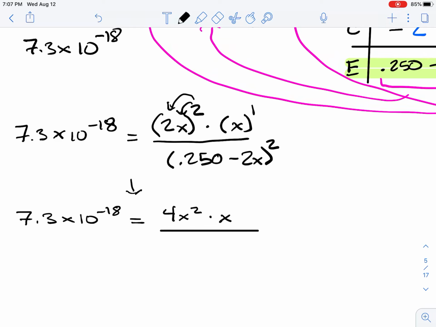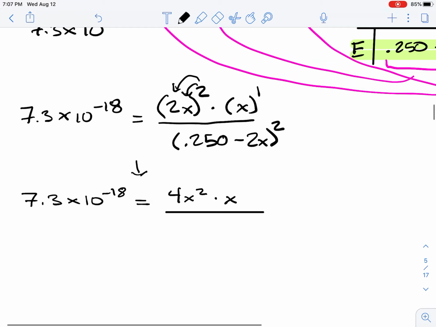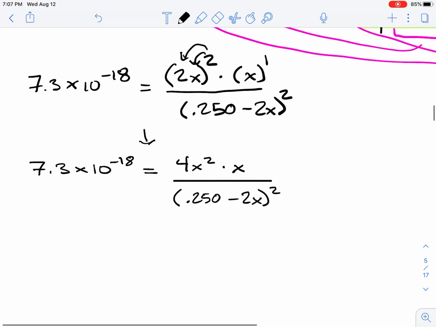Okay, and so here we have 0.250 minus 2x squared.